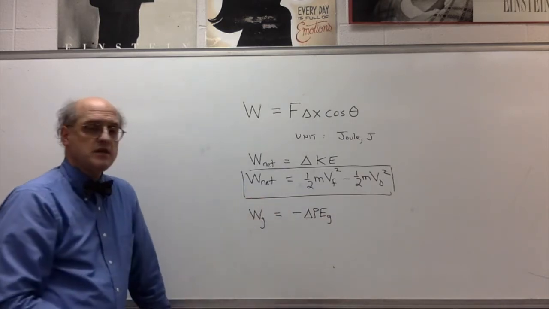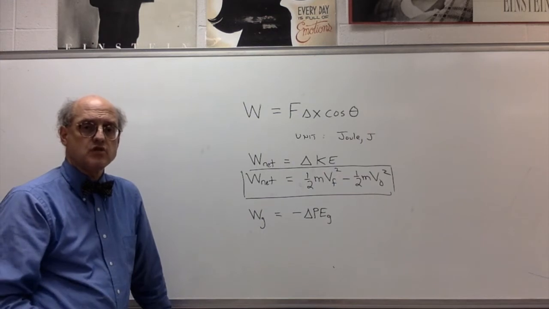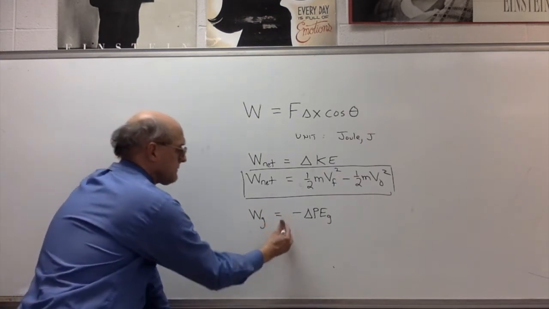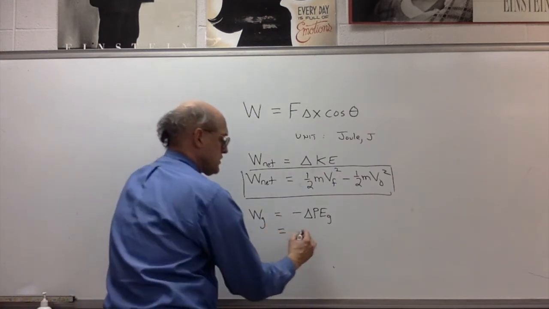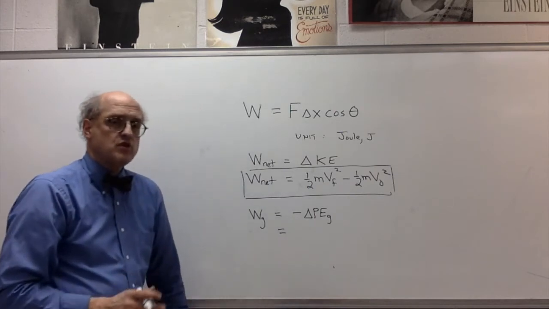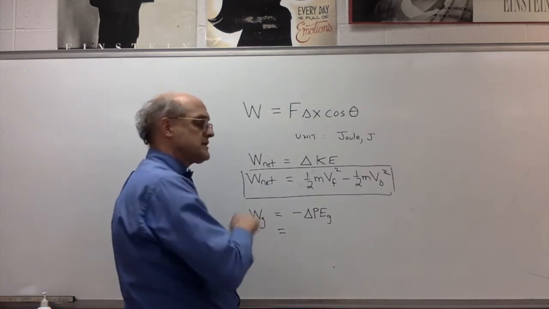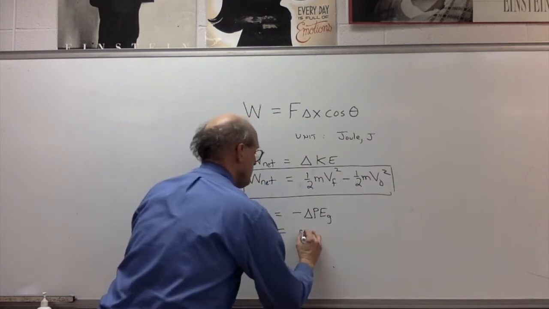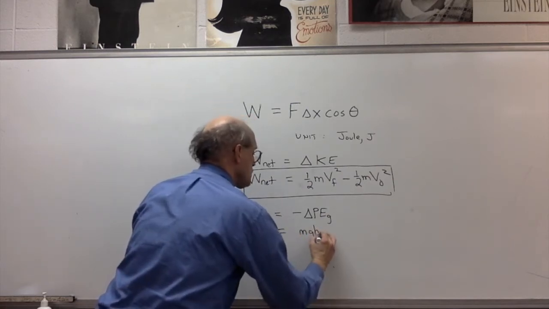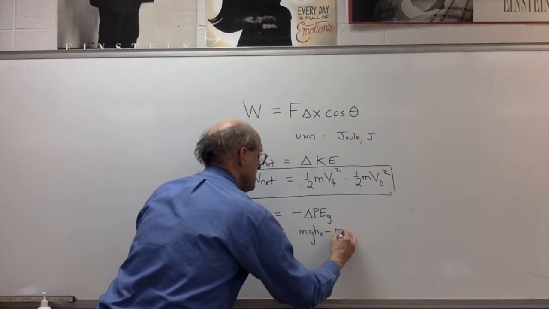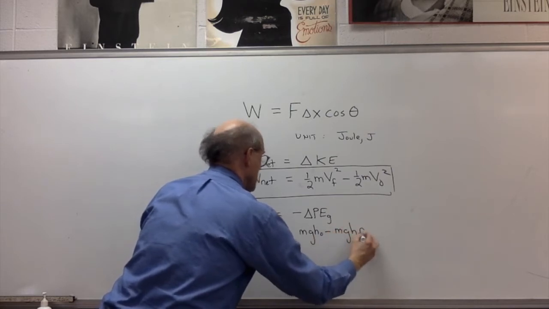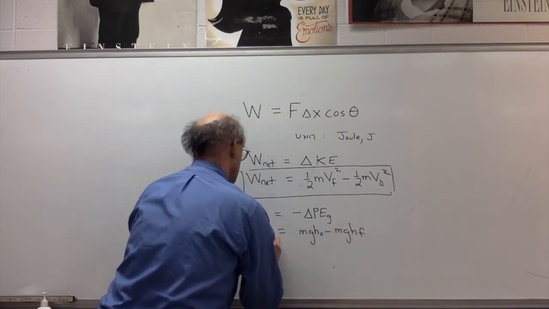Delta PEG stands for the change in gravitational potential energy, where potential energy is equal to mgh. So we have a change in potential energy, but it's the negative of that. So what we end up with is mgho minus mghf is the work done by gravity.